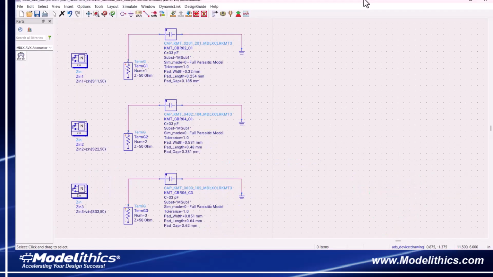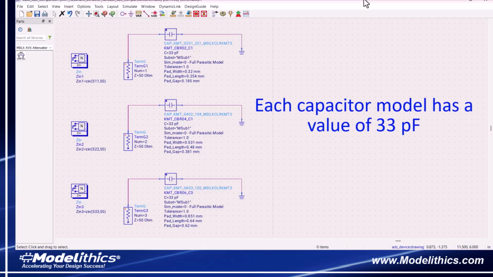Now, there are several factors that impact capacitor resonances. One factor is the capacitor's case size. To demonstrate this, let's simulate the impedance of 3 different capacitors. Here, we have 3 different microwave global models. Each one has a value of 33 picofarads.